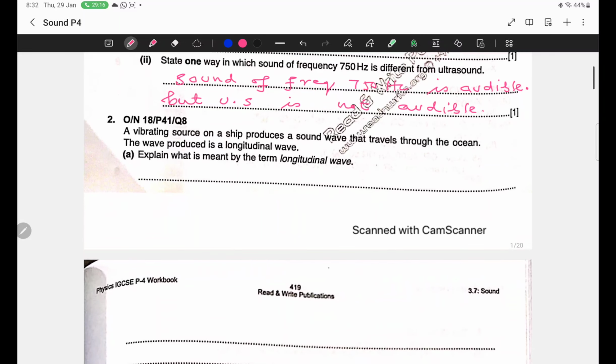And now the question is, what is meant by longitudinal wave?